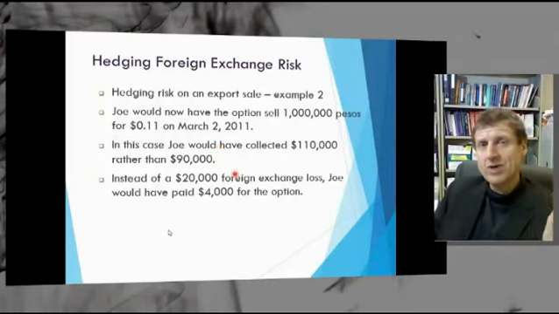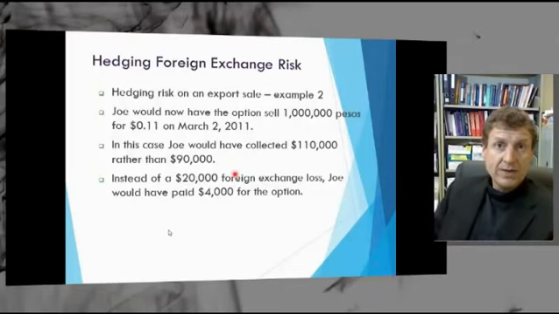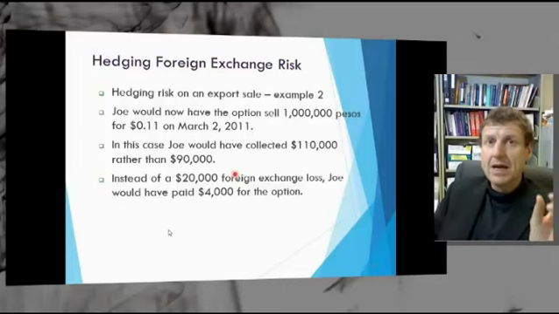Remember, the forward contract allowed Joe to sell 1 million pesos and buy US dollars at 0.105, that is 10.5 cents. So Joe is losing 0.5 cents under the forward contract, which amounts to $5,000 in terms of the net loss.